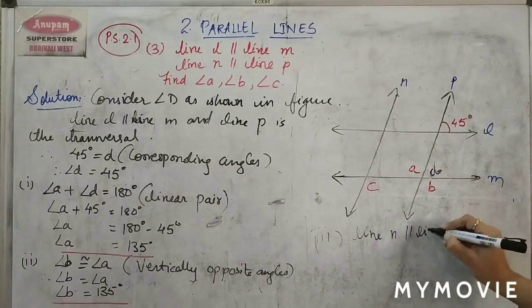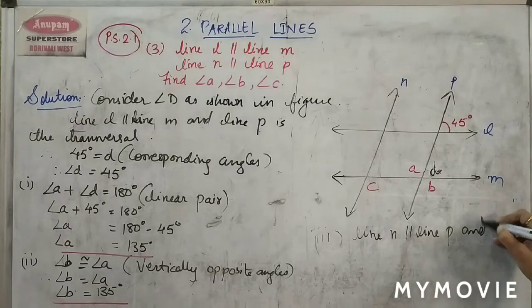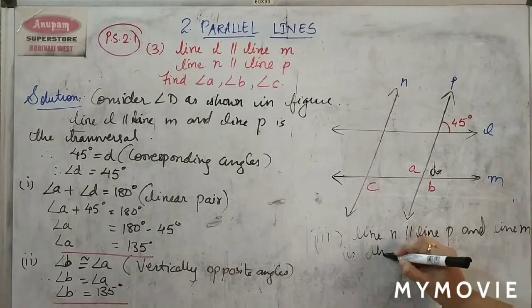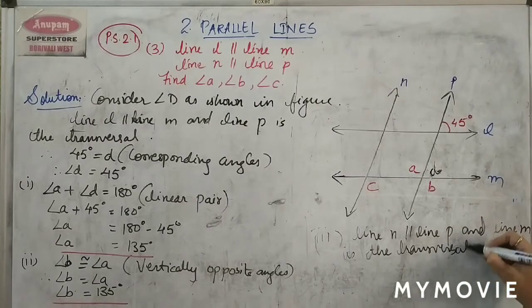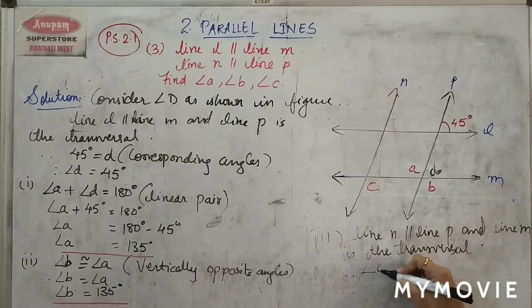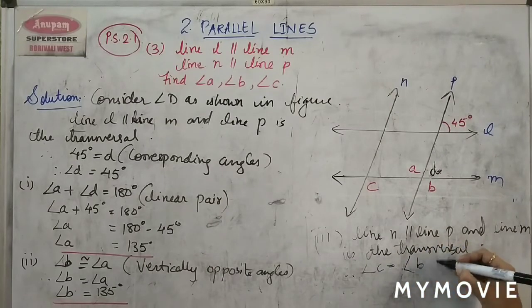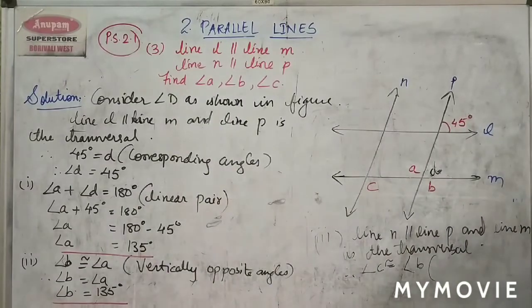So line N is parallel to line P, and since they are lying on this transversal, we'll say line M is the transversal. Therefore we'll say angle C is equal to angle B, or you can say congruent. Both are correct. Congruent because they are corresponding angles.